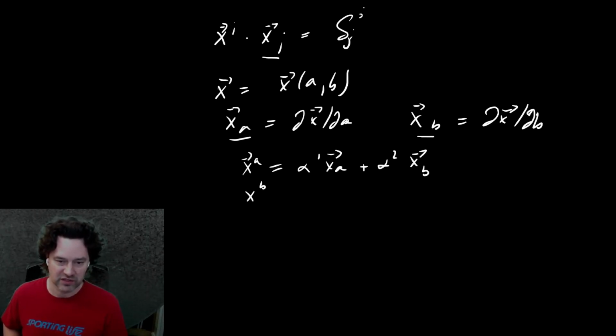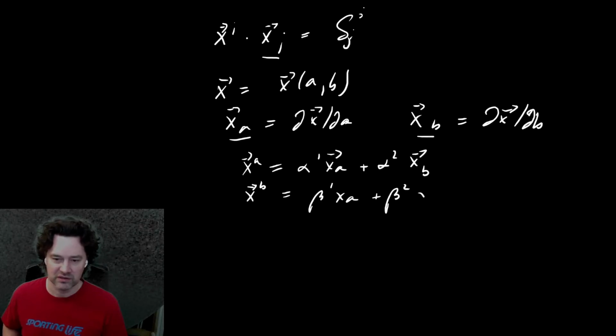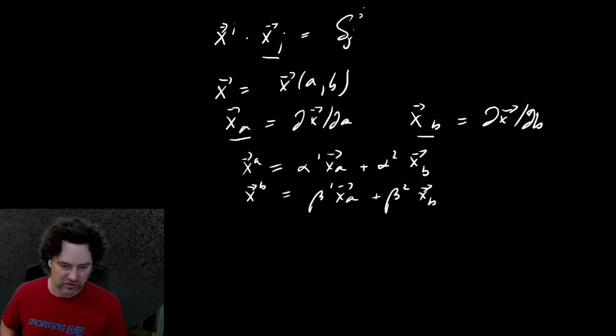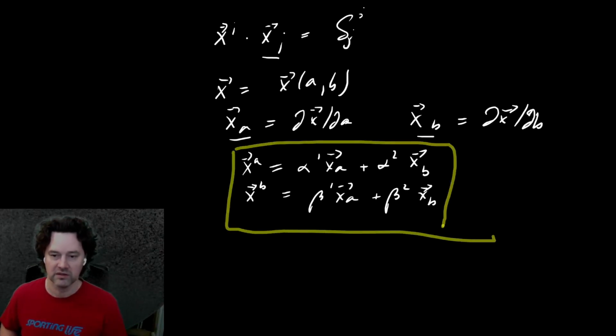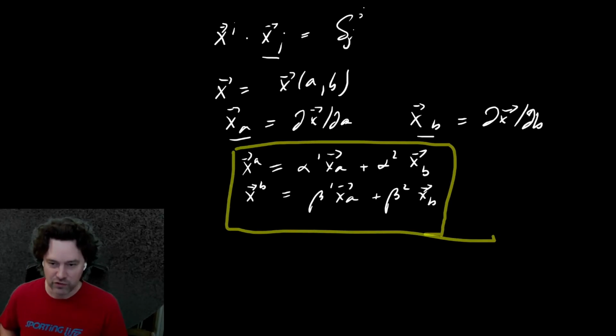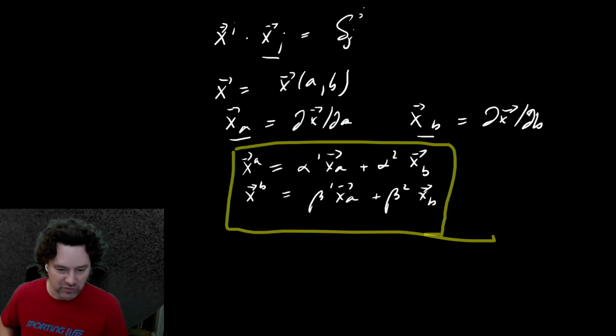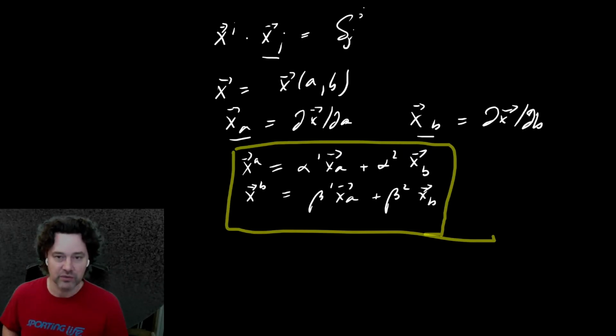And we can suppose that our x^b is beta_1 x_a plus beta_2 x_b. We want to solve this system given our constraint. This formulation of the linear system builds in the span criteria for the reciprocal frame vectors, which is important. And then we want to impose the constraint x^i dotted with x_j equals delta_ij.